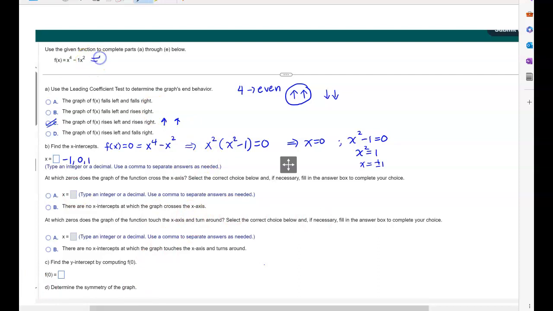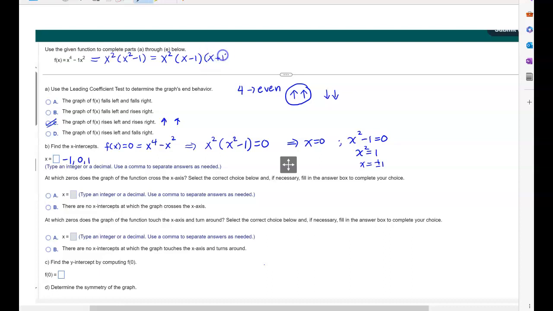So this polynomial here, let's write that in factored form. We already have it in this format where we have x squared and then x squared minus 1. Now, that is not completely factored. You could write that as x squared times (x minus 1)(x plus 1). I'm applying the difference of two squares formula.